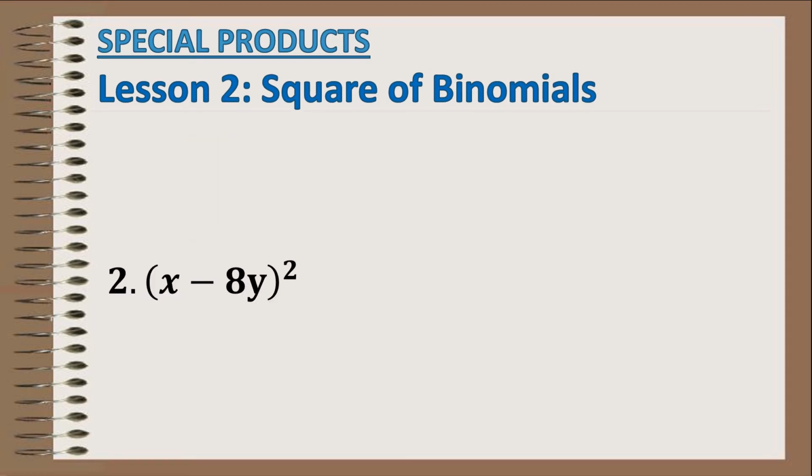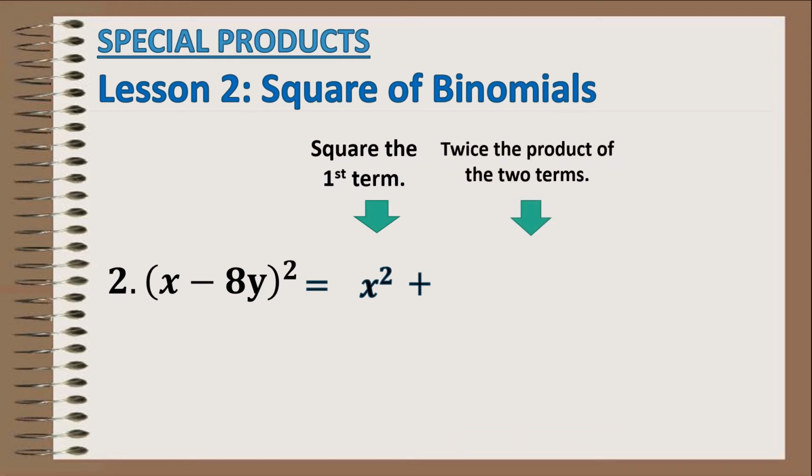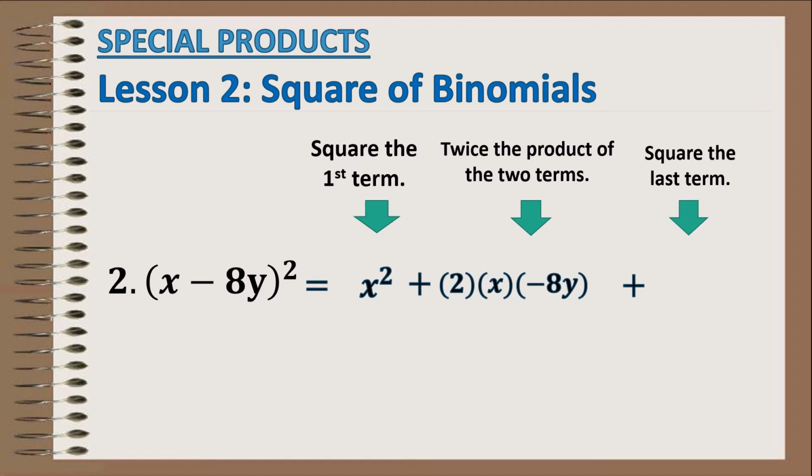For number 2, we have the quantity of x minus 8y closed quantity squared is equal to square the first term, we have x squared, plus twice the product of the two terms, we have 2 times x times negative 8y, plus square the last term, we have the quantity of negative 8y closed quantity squared.